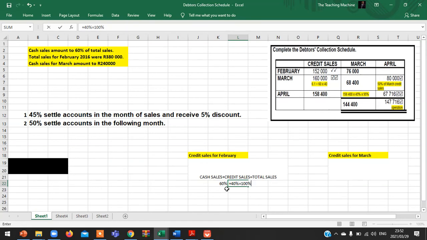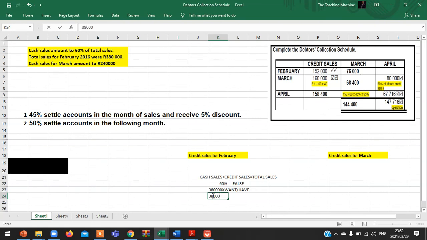All right. So I want the February credit sales, which are 40% of the total sales. So in February, I've been given 380 as my total sales. This is what I'm going to do. 380 multiplied by what I want over what I have.